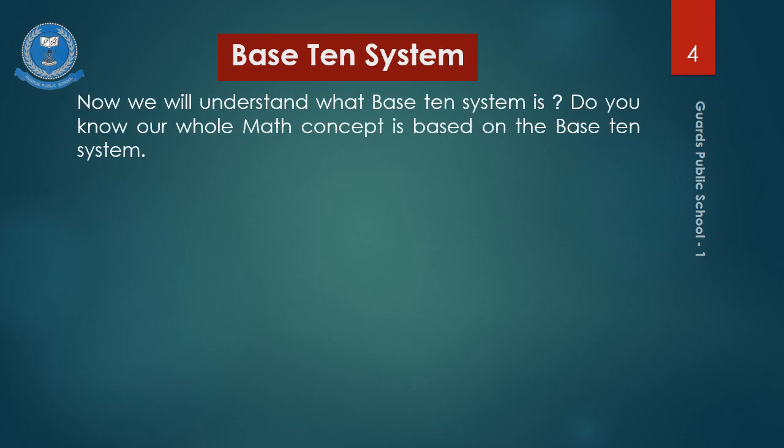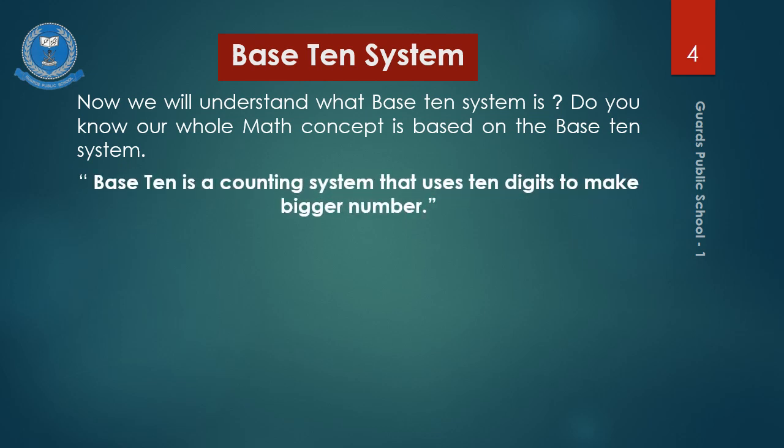Now we will understand what the base 10 system is. Do you know our whole math concept is based on the base 10 system? What is the base 10 system? Base 10 is a counting system that uses 10 digits to make bigger numbers.